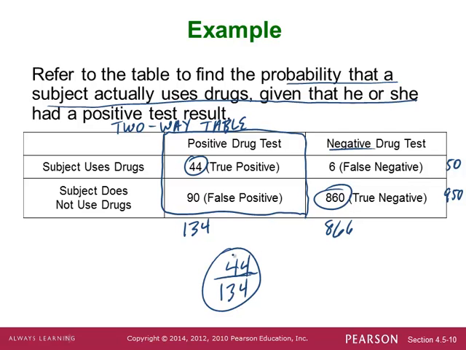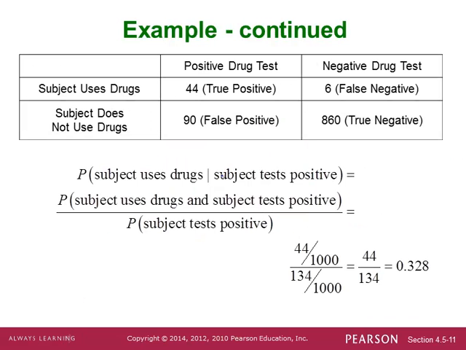44 out of 134. Now, if you wanted to strictly use the formula that you saw on the previous slide, then you can use this calculation. The probability that the subject uses drugs given that the subject tests positive is the probability that the subject both uses drugs and tests positive, which is 44 out of 1,000, divided by the probability that the subject tests positive.